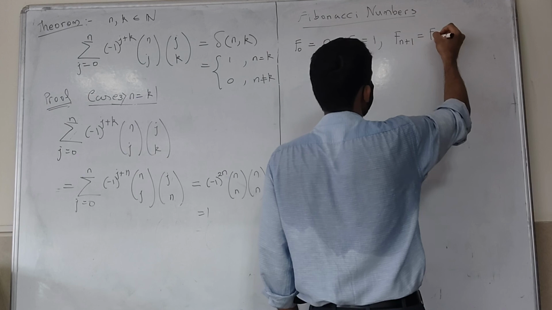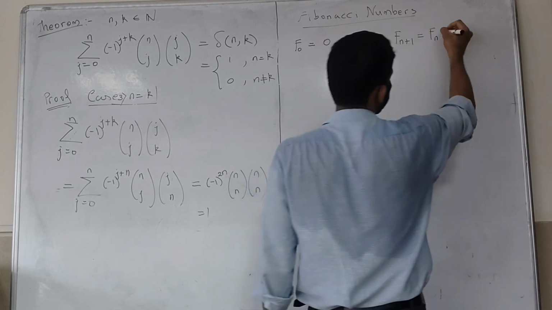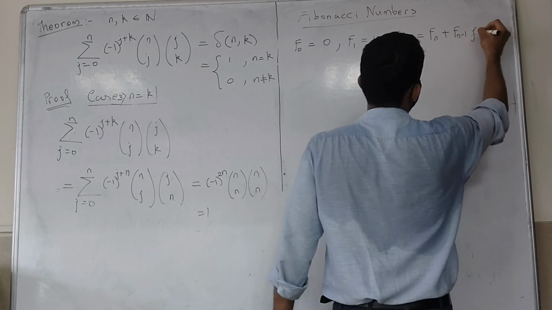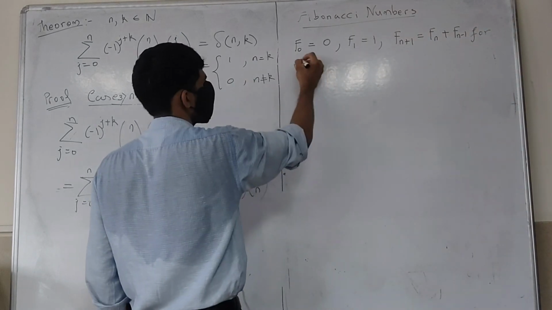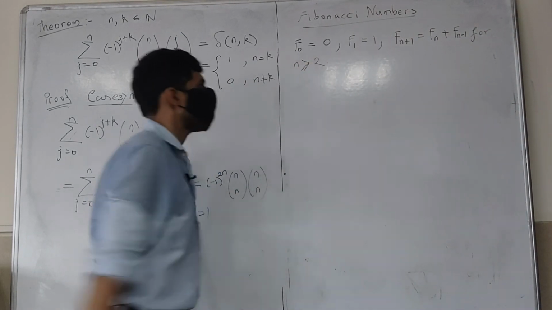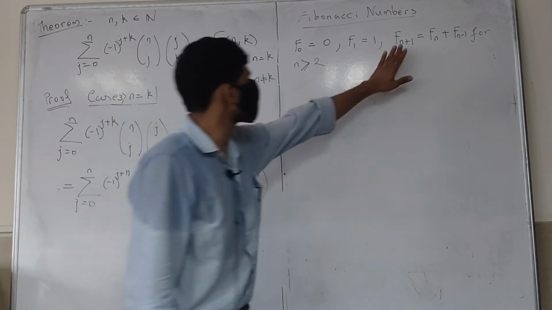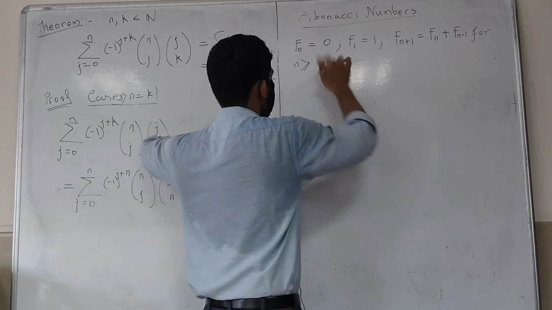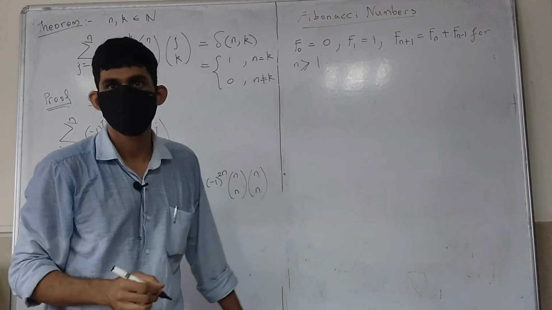So these are your Fibonacci numbers, and we are going to use this notation to denote the Fibonacci numbers. This holds when n is greater than or equal to 1.